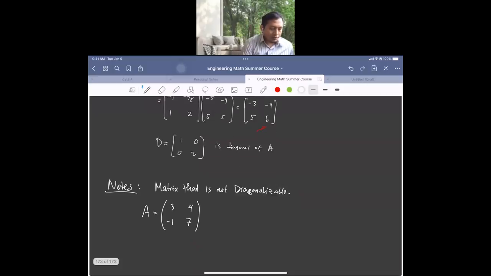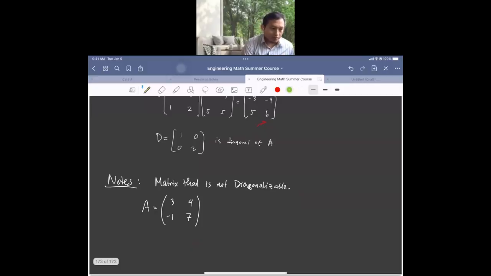Now, if we check the eigenvalues, it will have repeated eigenvalues, 5. So let me write, it has repeated eigenvalues.